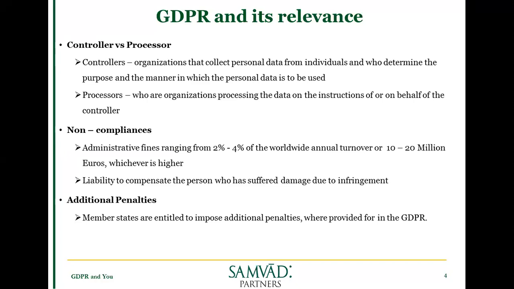So this is a very high penalty that has been imposed on entities that are handling personal data, which is why it is important for us to know what we need to be compliant with. In addition to this, member states are also given the leeway to impose additional penalties where there are breaches under GDPR.